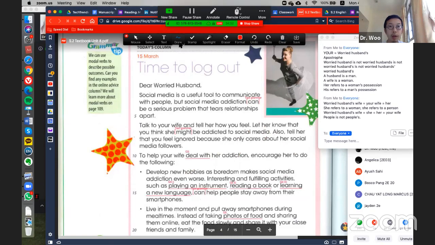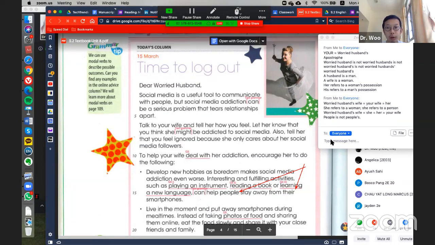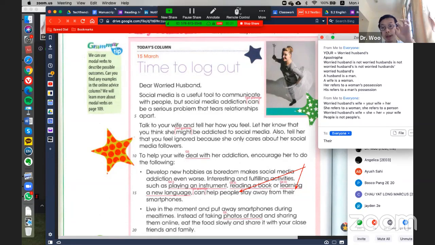So we see there. Whose smartphones. People's smartphones. So again, there is possessive.